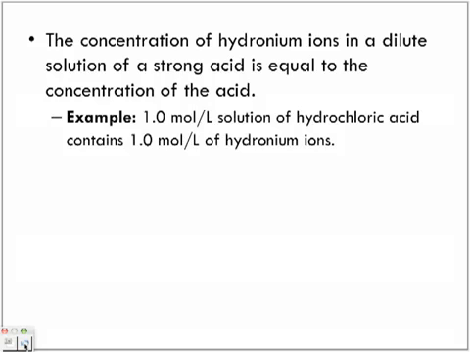The concentration of hydronium ion in a dilute solution of a strong acid is equal to the concentration of the acid. So if we have a 1 molar solution of hydrochloric acid, it will contain the same concentration of the hydronium ion.